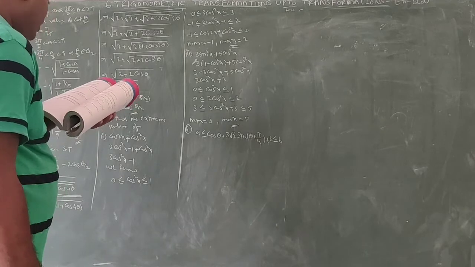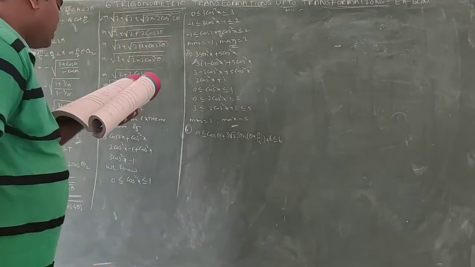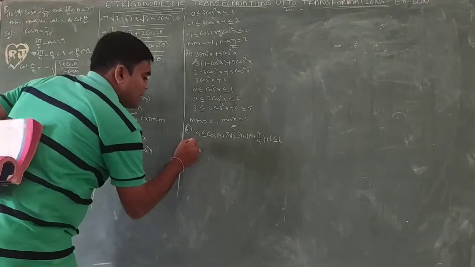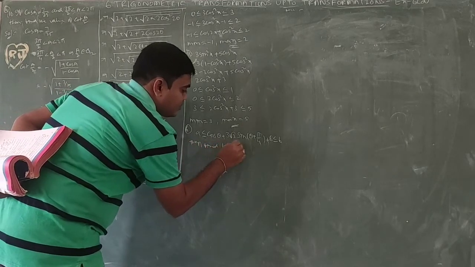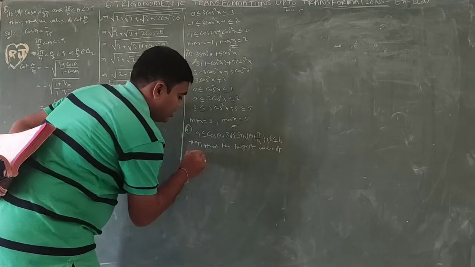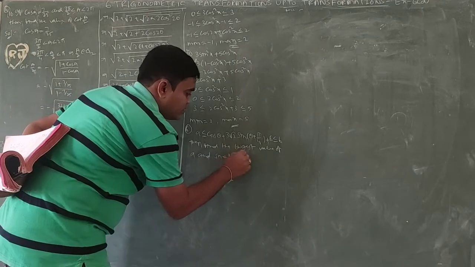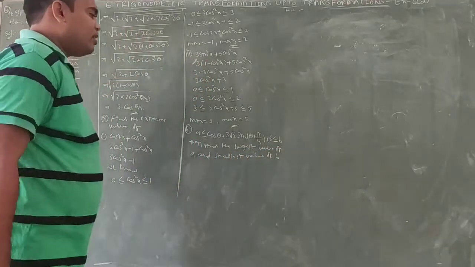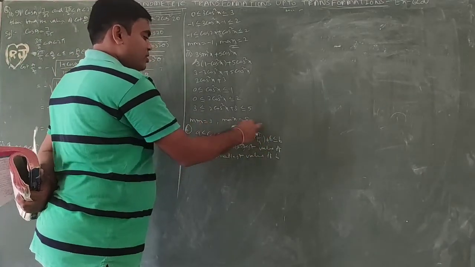Then find the largest value of a and smallest value of b. It is nothing but we need to find out the maximum and minimum values of this function.